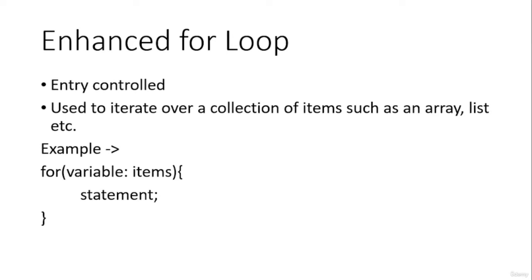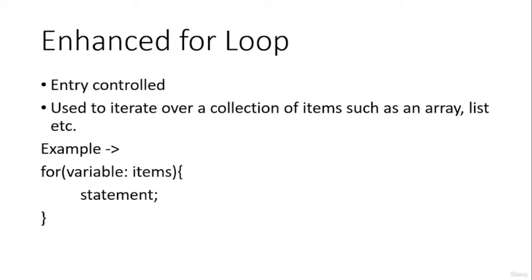Now let us discuss the enhanced for loop. The enhanced for loop was introduced later into Java, and it is used to iterate over collections, lists, arrays and other data structures.